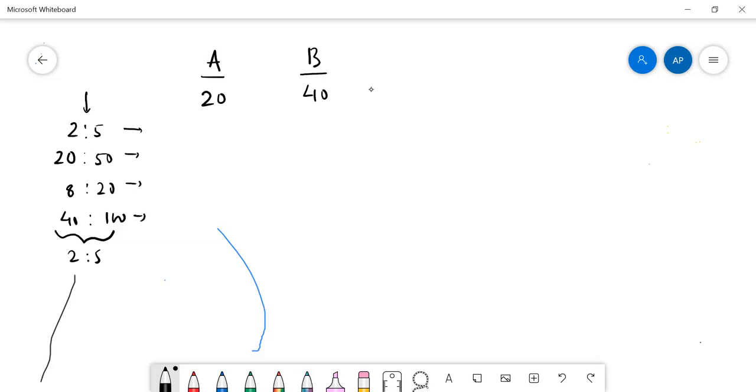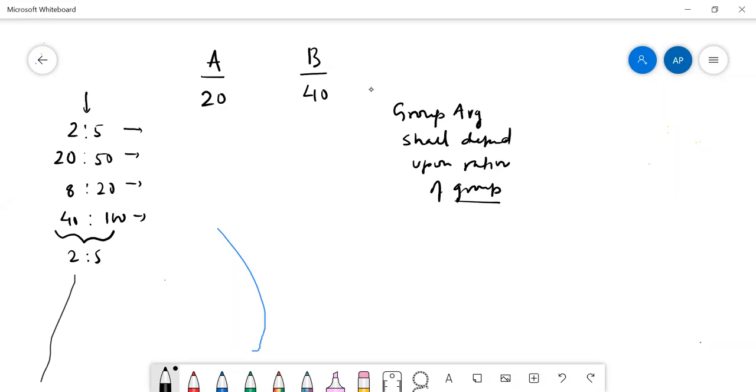So the group average shall depend upon the ratios of the groups.